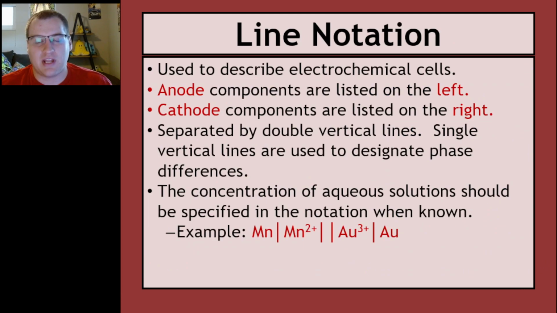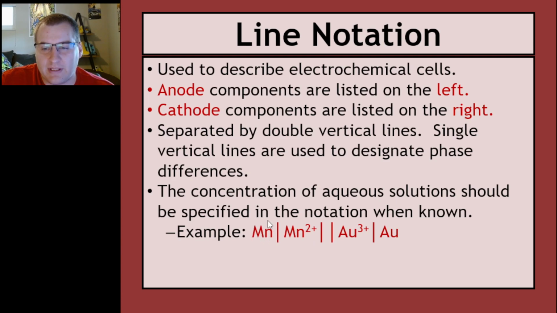Now, we're talking about line notation. It's kind of a dumb shorthand way to write the redox reaction occurring in a galvanic cell. So it looks like this example here at the bottom. So you basically split the half reactions into two. You're going to write the anode component on the left, which is the oxidation. Oxidation is losing electrons.